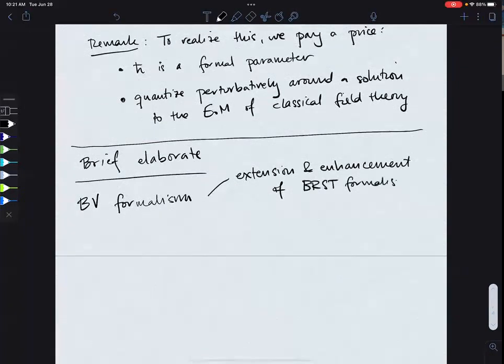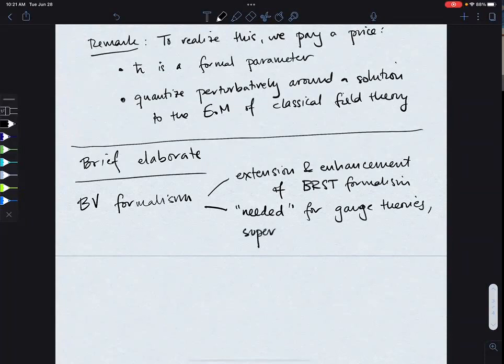So if you know what that is, you know that in some sense it's needed, as much as you believe in the word needed being applied to things like physics. It's needed for gauge theories like Yang-Mills.